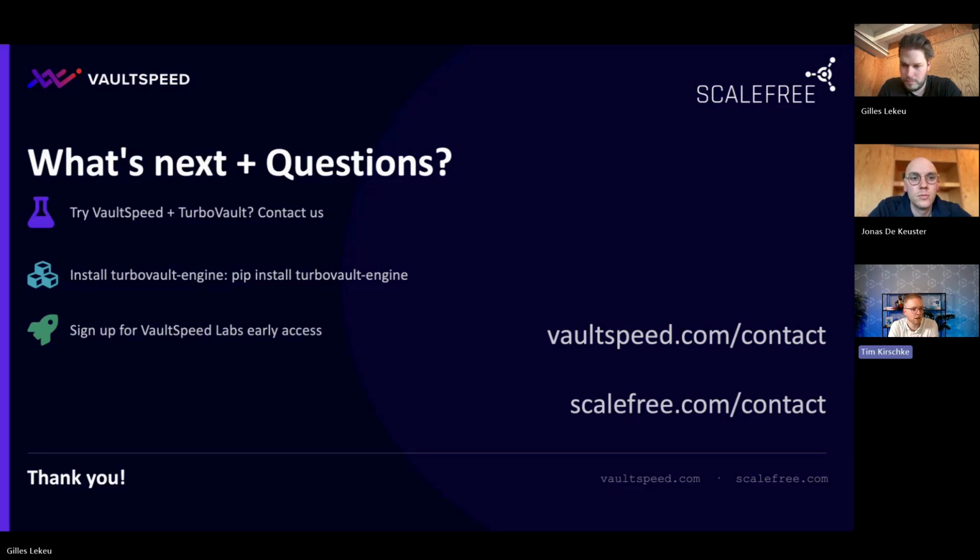You can tell a bit about the scaling within VaultSpeed, but on the DBT side, it scales pretty well, and also with DataVault for DBT and Turbovault. So this whole generation and execution step won't really get any longer when you have a bigger and bigger vault.